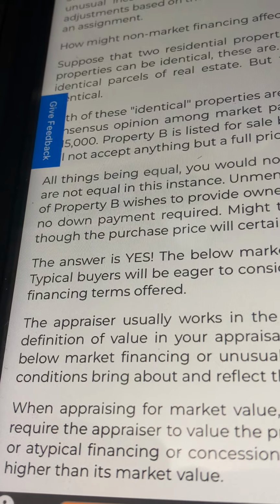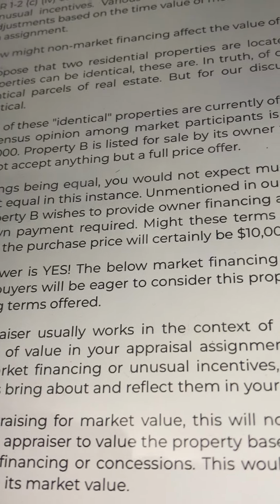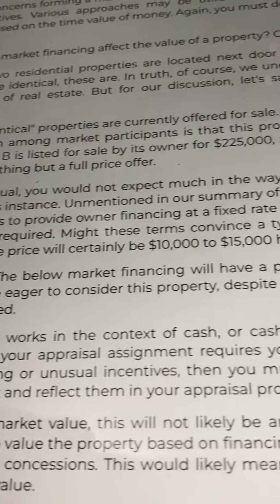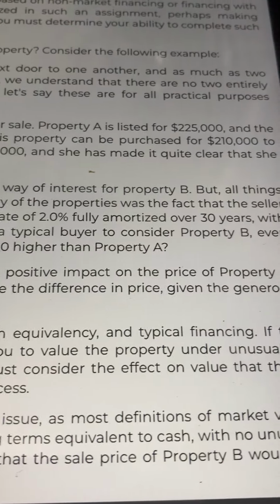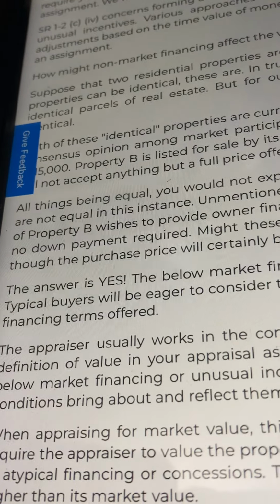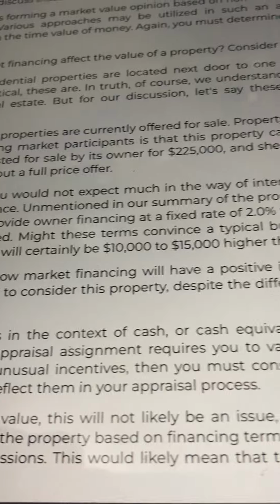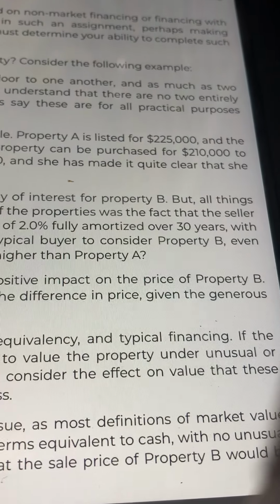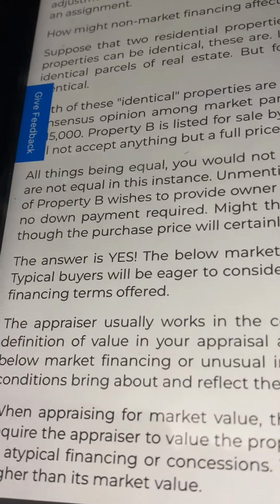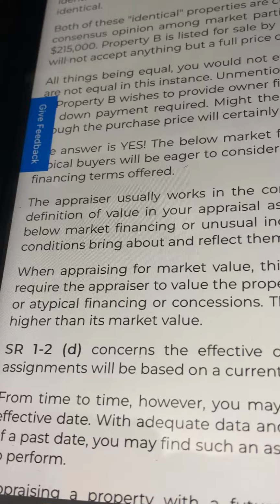The answer is yes. The below market financing will have a positive impact on the price of property B. Typical buyers will be eager to consider this property despite the difference in price, given the generous financing terms offered.